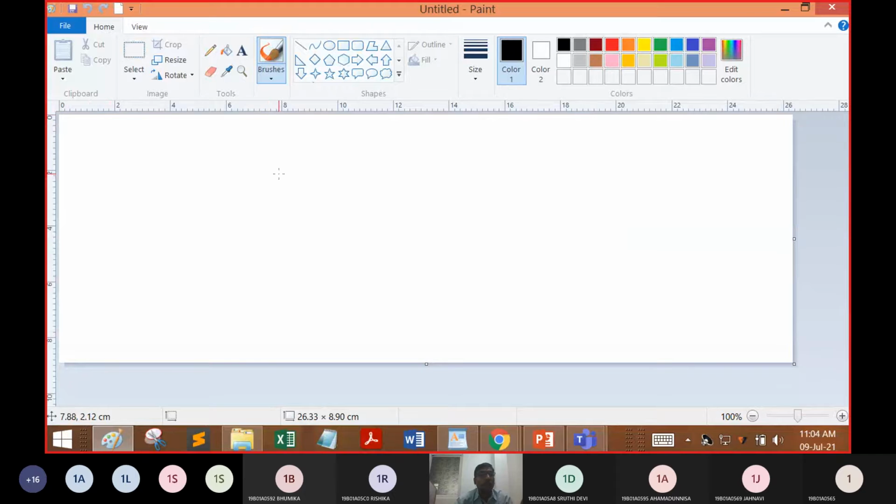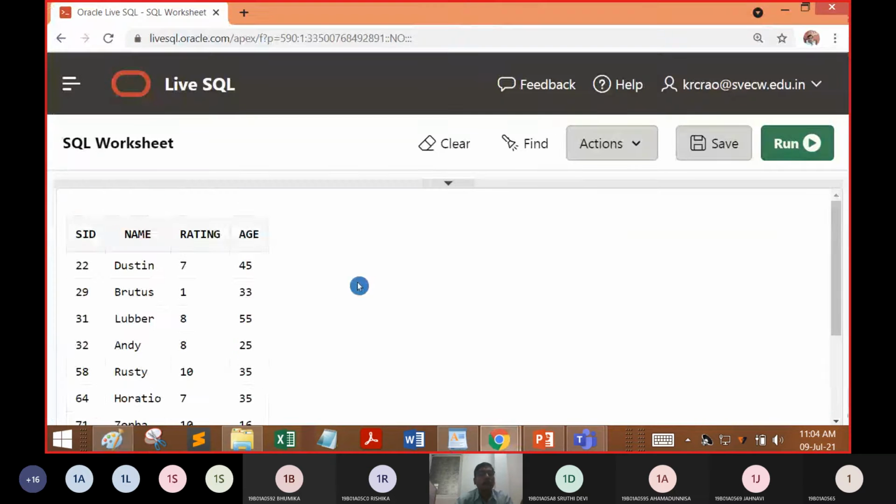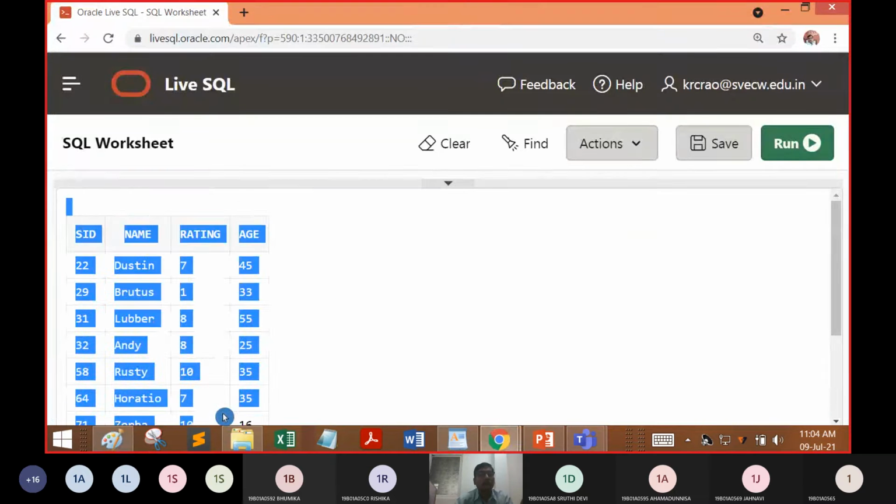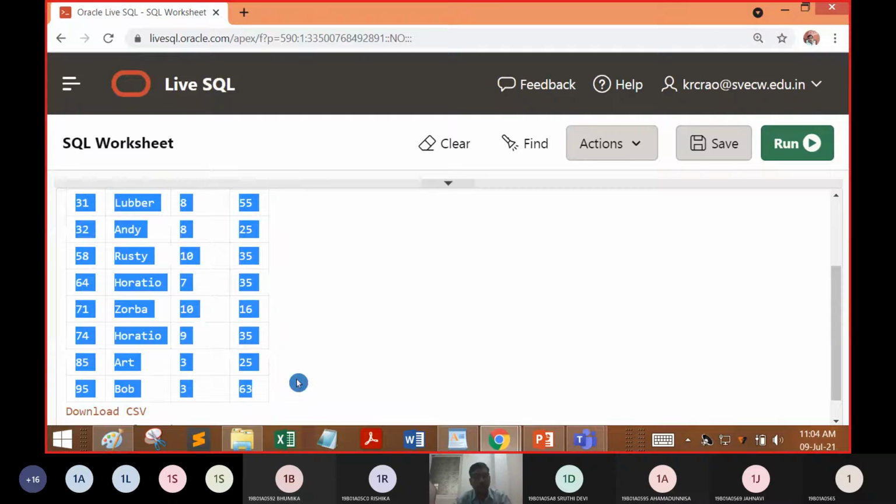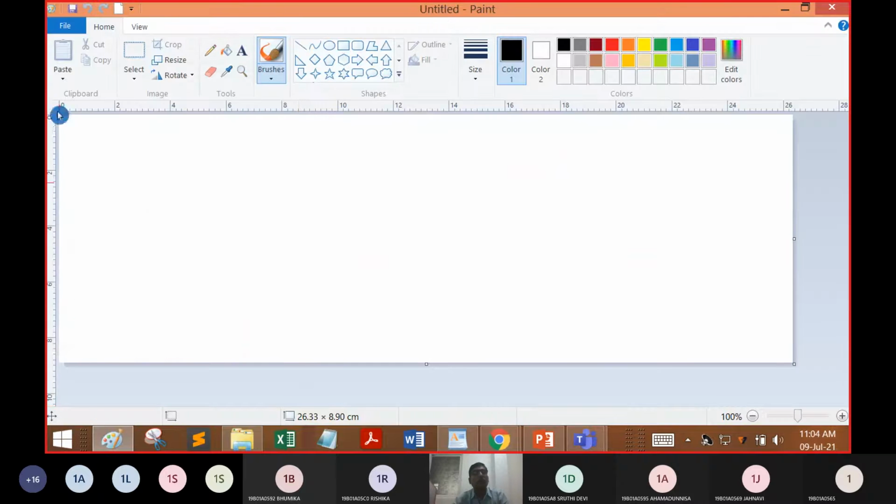We are not getting this table here. We should get the data online. So there is some network issue. Copy was not happening.